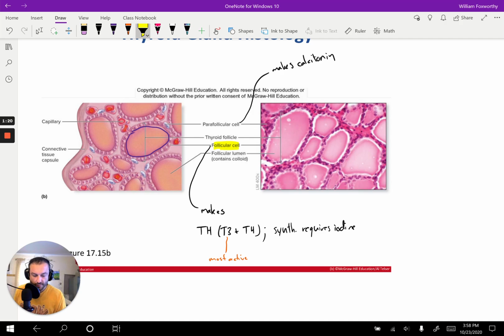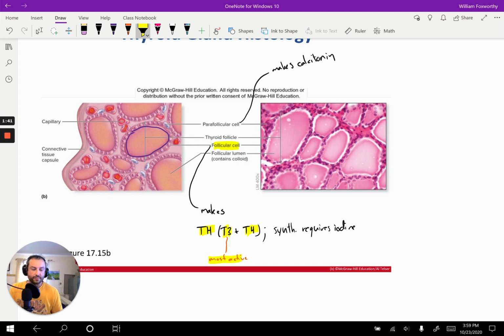These follicular cells make thyroid hormone, which is actually two slightly different types of hormones, T3 and T4. T3 is a more active form of thyroid hormone. A lot of the T4 gets converted into T3 at the target cells.